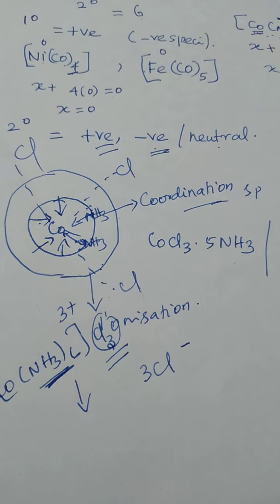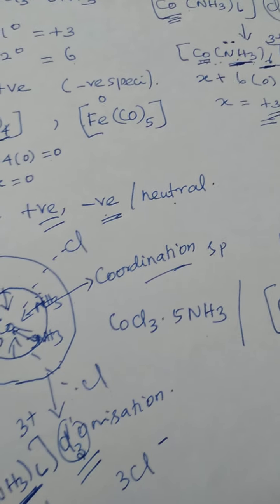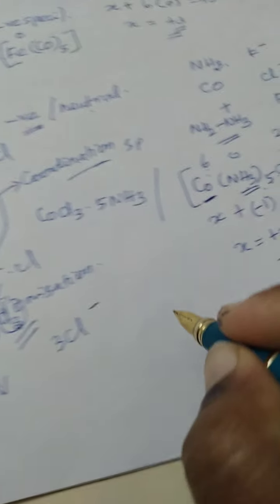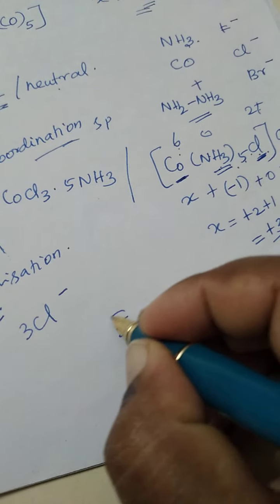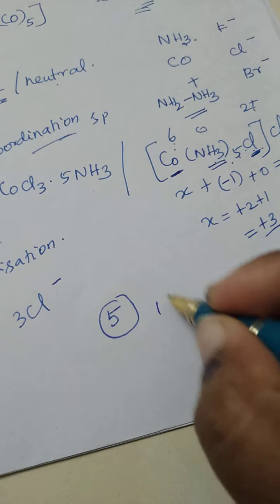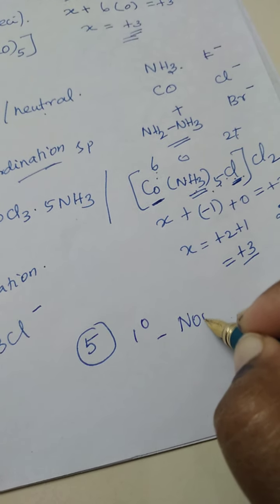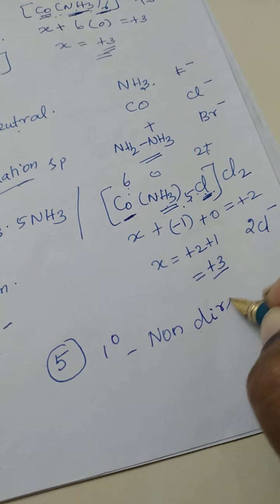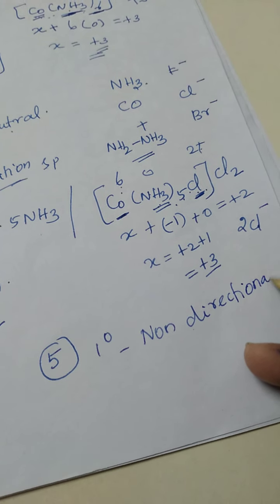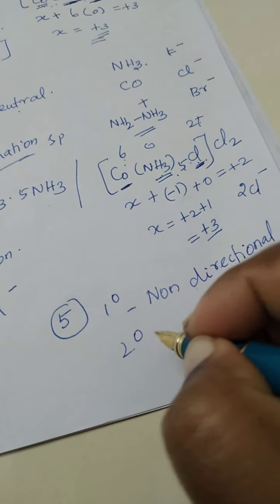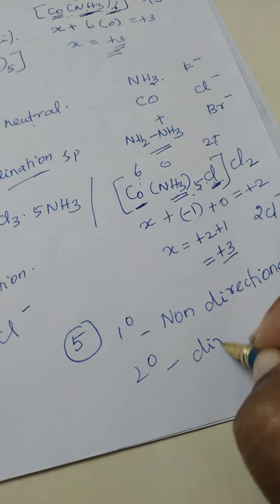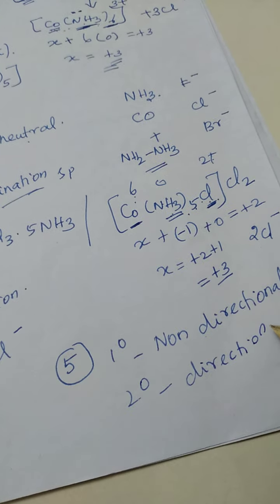And now let's see the fifth point, that is, the primary valencies are non-directional. It will not have any shape, so due to this there will not be any shape to the molecule. But the secondary valencies are directional, depending upon the number of the secondary valency.